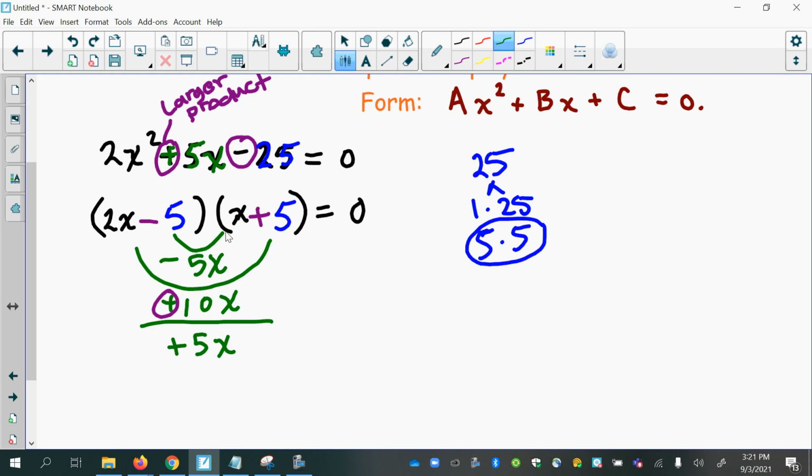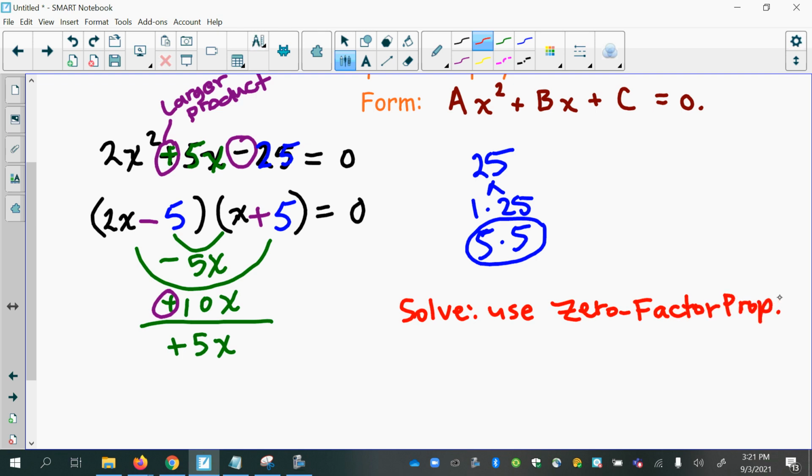So now I go to the next step, which is to solve. Now when I go to solve, I want to use the zero factor property. It's also sometimes called the zero product property.